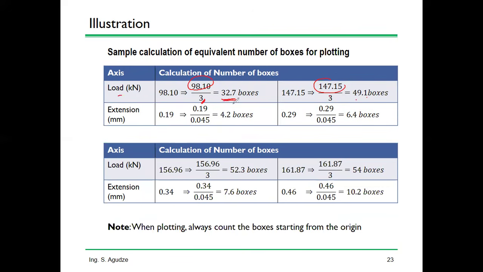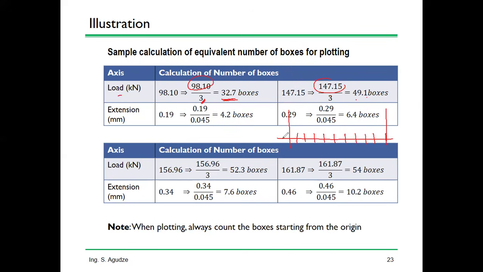Now it's important to note here. Let's say you have a big box. Let me say 1, 2, 3, 4, 5, 6, 7, 8, 9, 10.